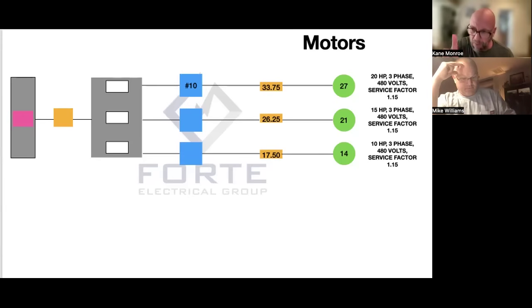But you need to look at your number 10, 12, 14, 16, and 18 on the left-hand side. Do you see your wire size? There's an asterisk next to them.